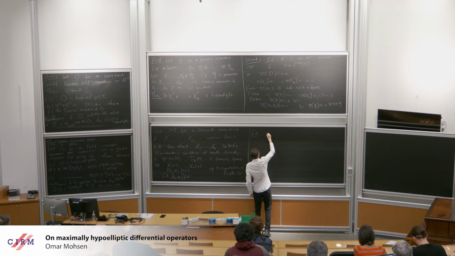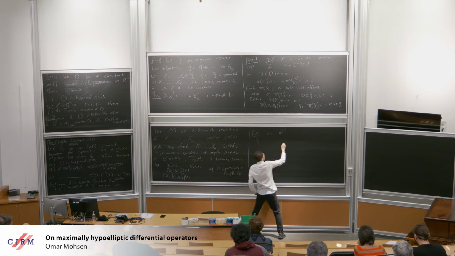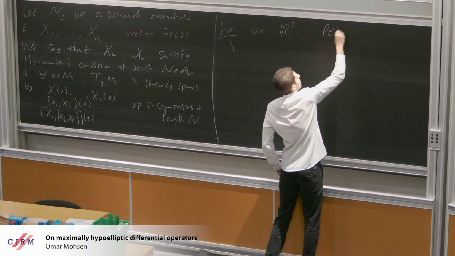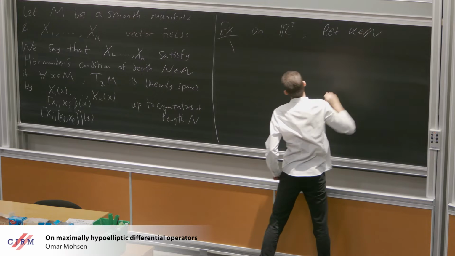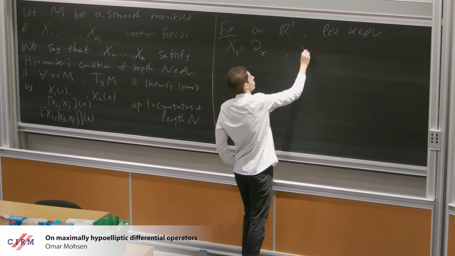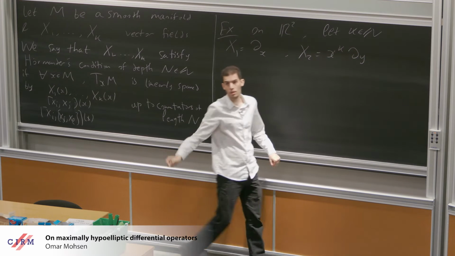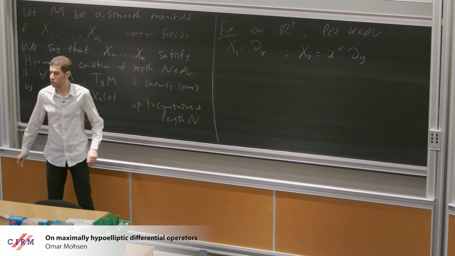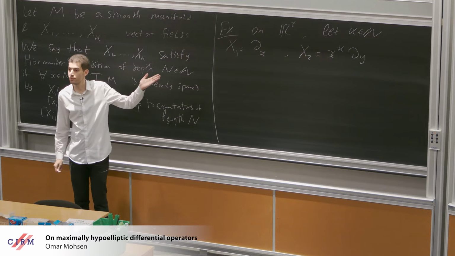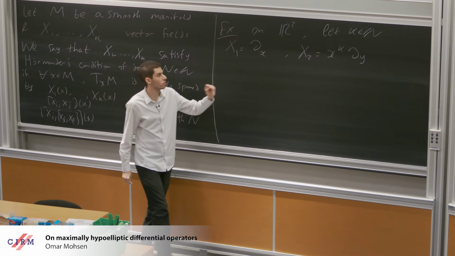So on R2, you fix and let k be some natural number. Then you take X1 to be d/dx and X2 to be x^k d/dy. So they linearly span the tangent space except if x is equal to 0. But if x is equal to 0, this one vanishes.